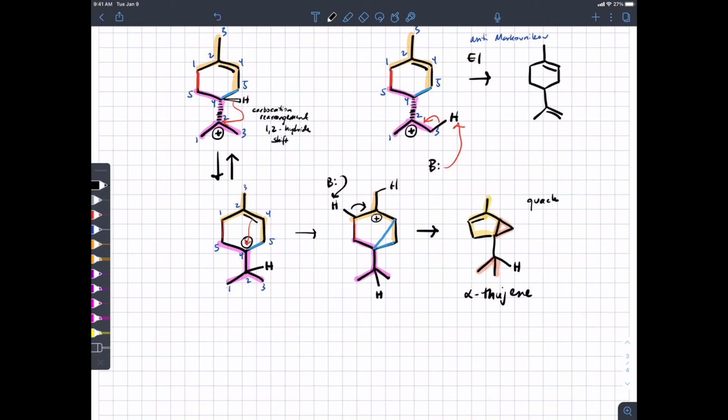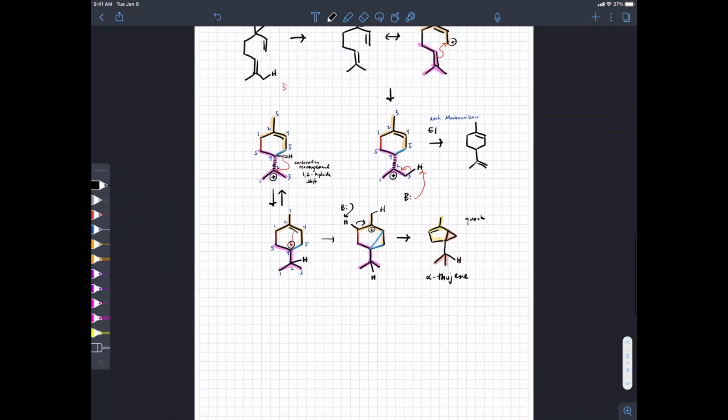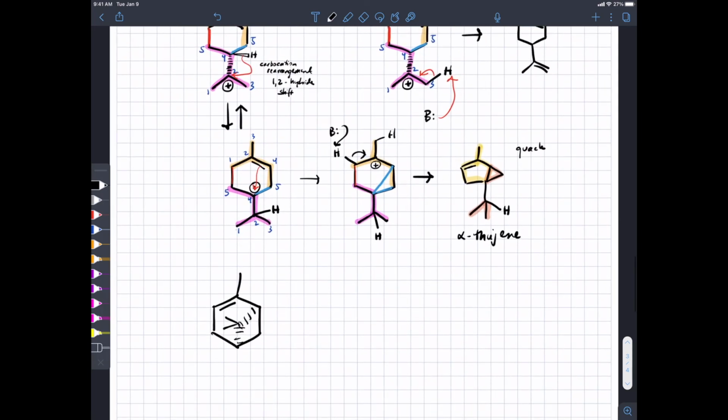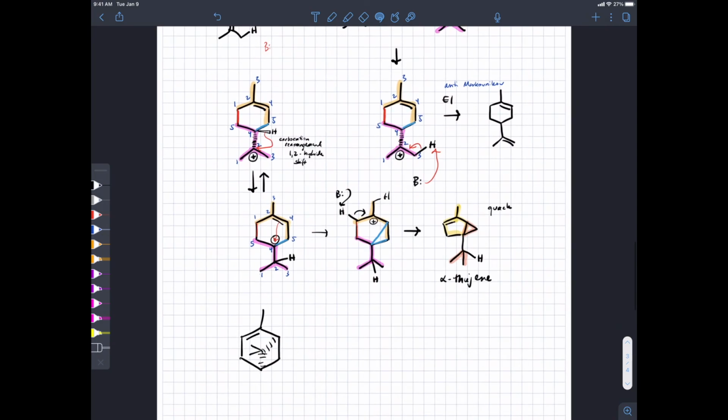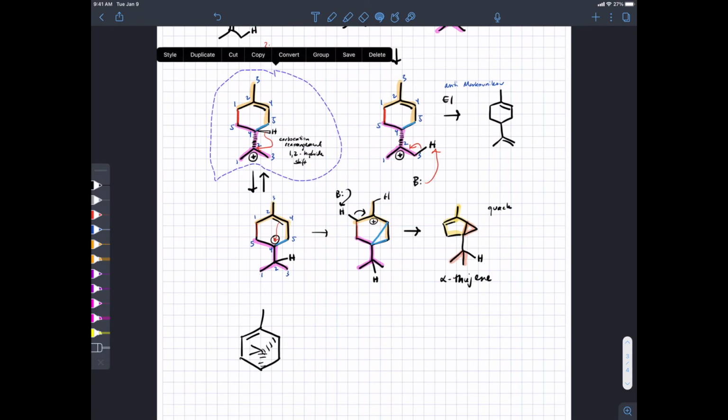All right. Now, do you remember alpha-pinene, that horrible molecule that looks like this? Turns out we're only a couple of steps away from that if we use this carbocation intermediate.